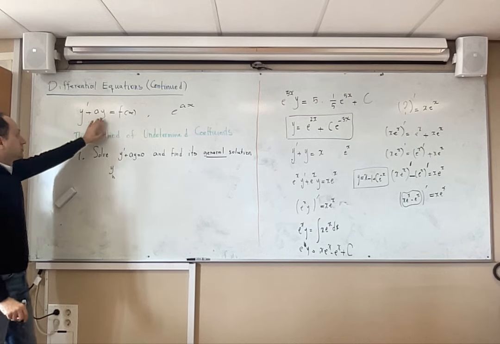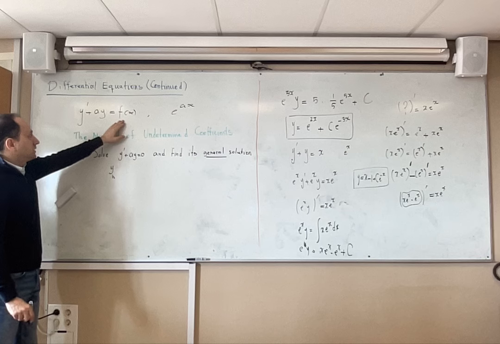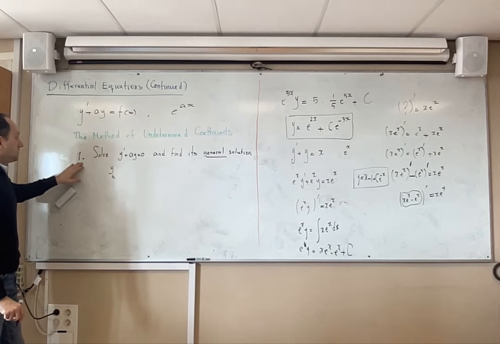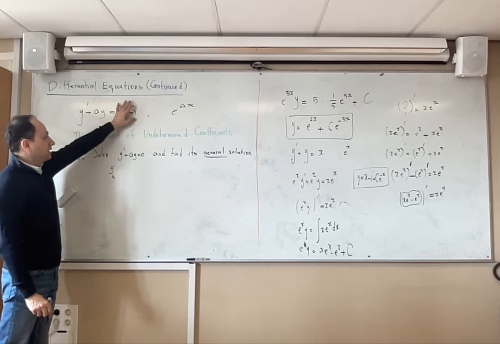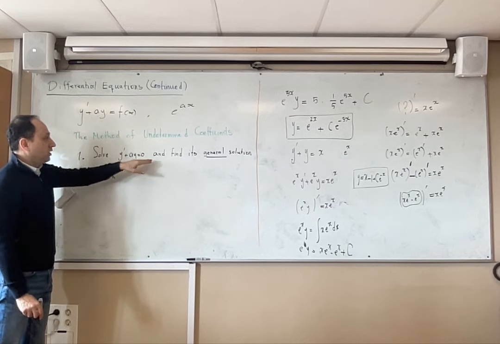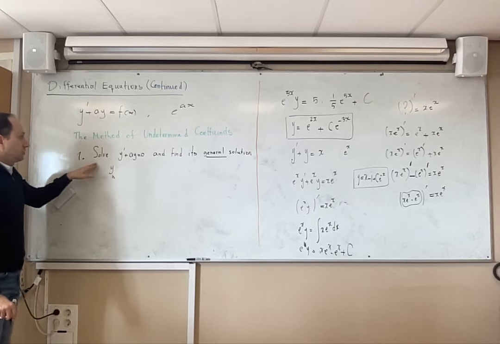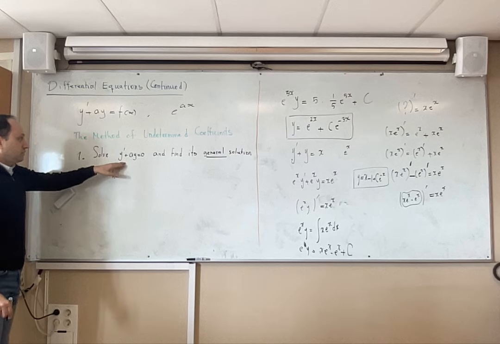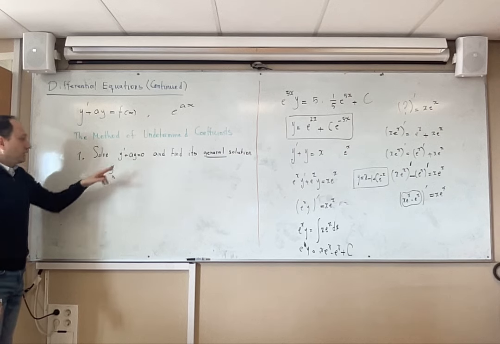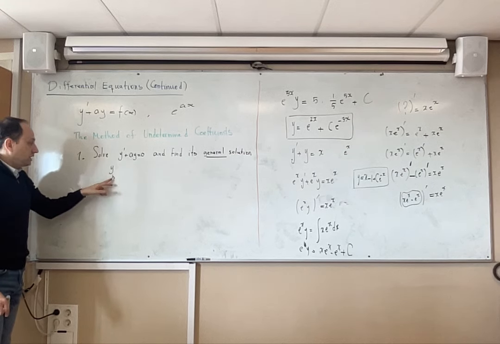So if you want to solve this inhomogeneous differential equation, this algorithm tells you to momentarily forget about the right-hand side, replace it with 0, solve this homogeneous differential equation, find the general solution and call it y_h, h for homogeneous.